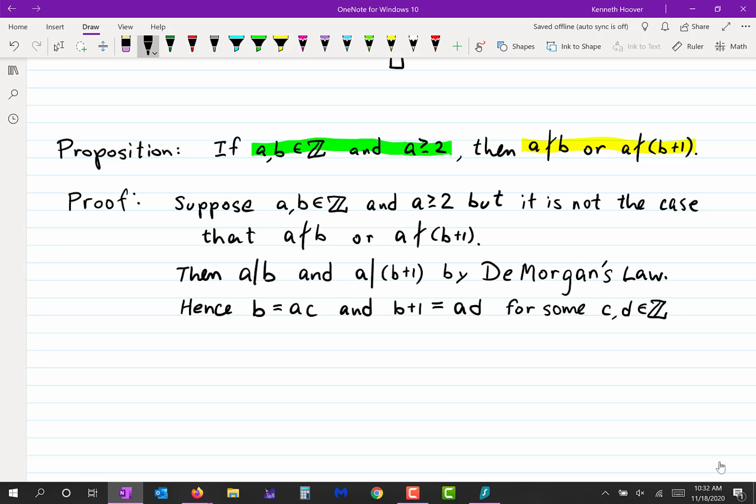Okay, and why is that true? That is by definition of divides. Okay. Now, if b plus 1 equals AD, then doesn't that mean that b would equal AD minus 1?